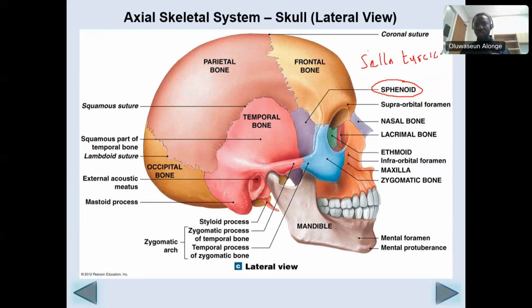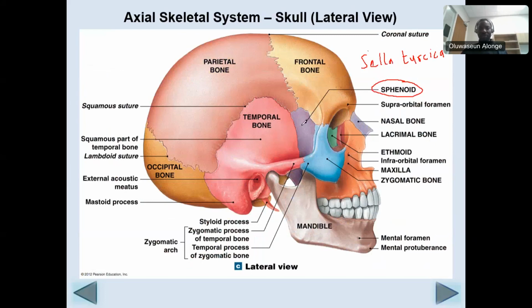And you know the pituitary gland is a master gland among your endocrine glands. It is a master gland that controls other glands. So the hypothalamus relates with the pituitary gland, which relates with other glands. So it's very important, and it is located in that sella turcica of the sphenoid bone.